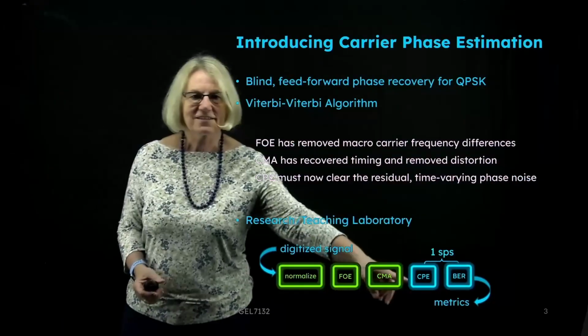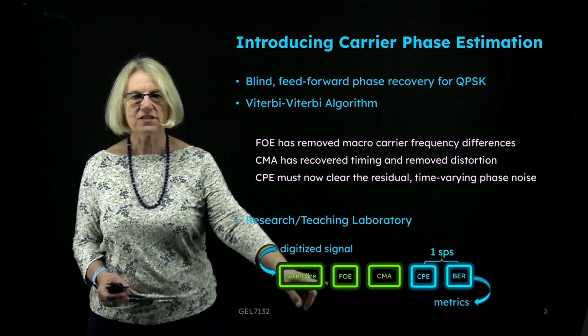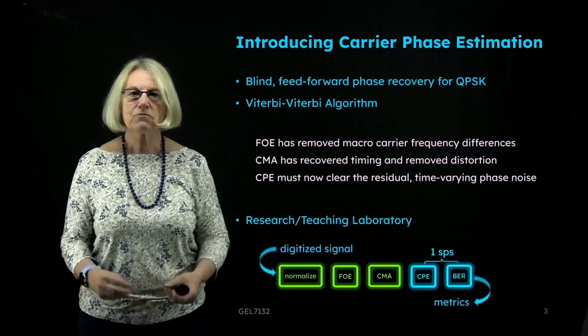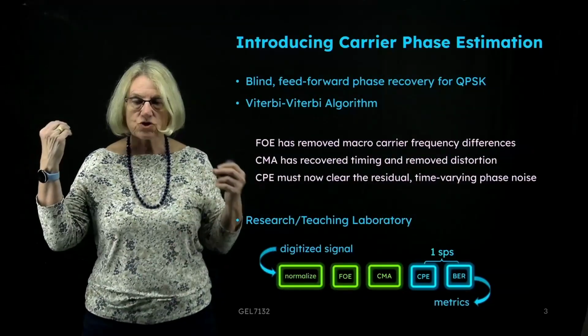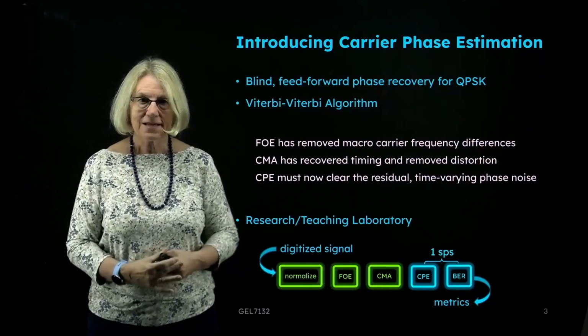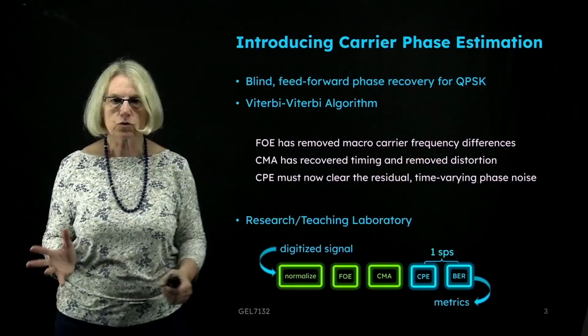So in this, appearing late here as it is in the DSP chain, I'll just mention that the frequency offset estimation has removed the macro differences between these two lasers, that of the transmitter and that of the receiver. The CMA has recovered timing and it's taken care of distortion.